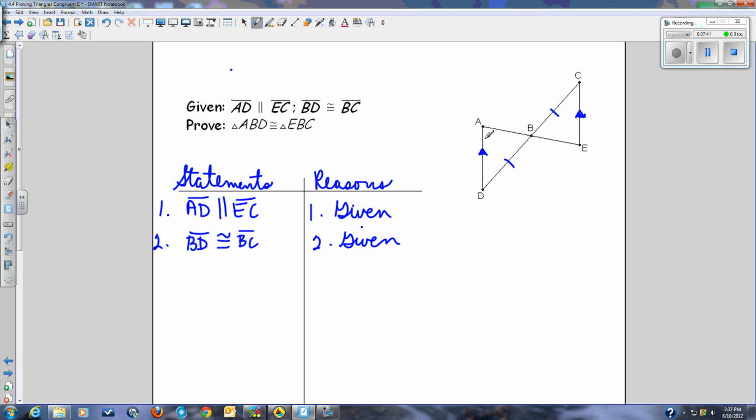Well, if AD and CE are parallel, and notice they are cut by a transversal, we do know the alternate interior angles are congruent. So we know, for example, that angle D and angle C are congruent to one another.